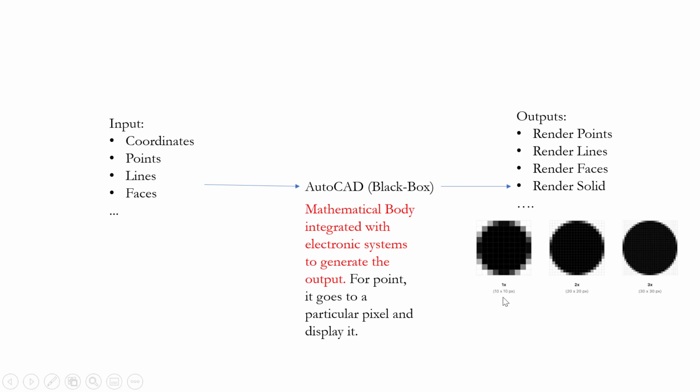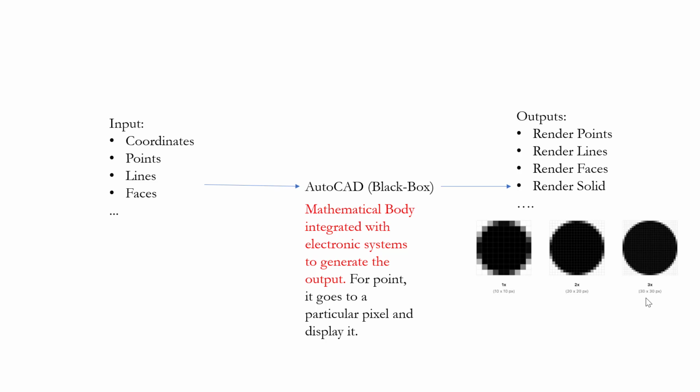And this is how it will look if your computer screen is, assume, 10 by 10 pixels. This is how a disk will look. But if you increase the resolution or number of pixels, then the disk will appear much smoother. If you increase it further, to 30 by 30, this is how the disk will appear. Now your computer screen will have many more than this, it will be something like 2000 by 1000.